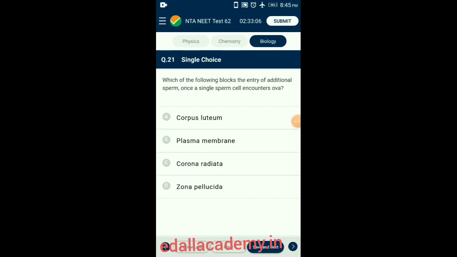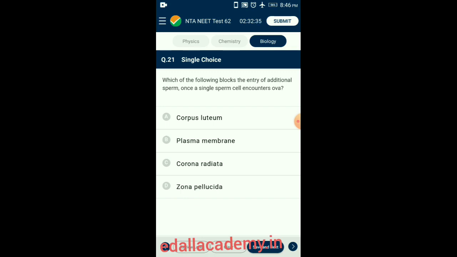Question number 21. One of the following blocks the entry of additional sperms once a single sperm cell encounters the ova. The zona pellucida is an important integral structure for the egg both before and after fertilization.